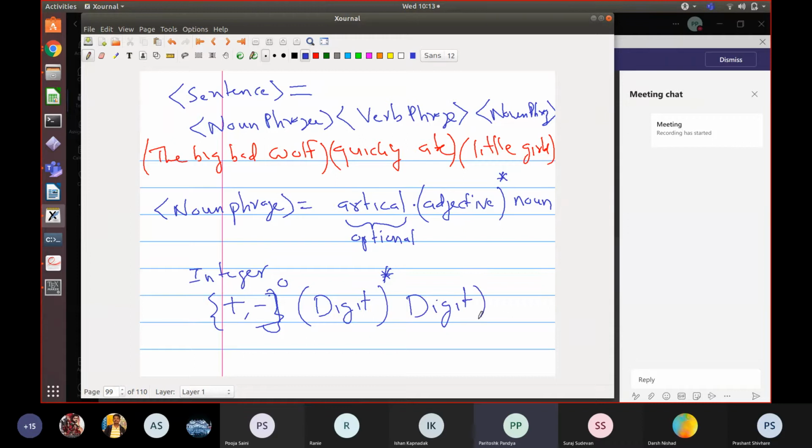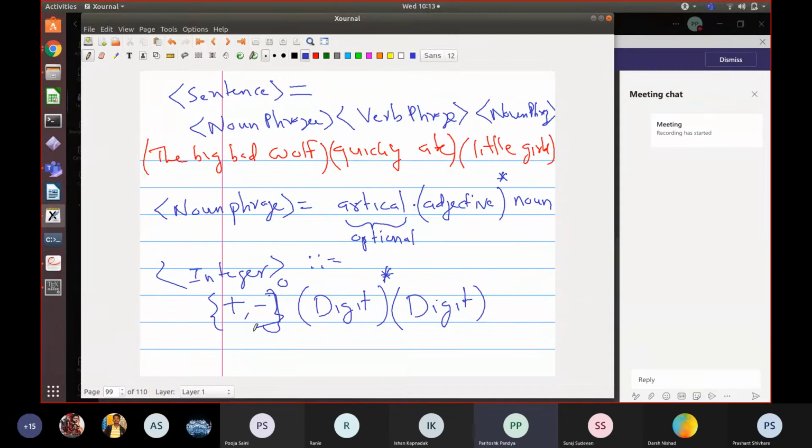So this is the last digit, and what I have is an integer will have the following form. There will be an optional plus or minus sign. Then there will be an arbitrary number of repetitions of a digit followed by 1 digit, because my integer should have at least 1 digit. So this is the last digit, and these are digits before the last.